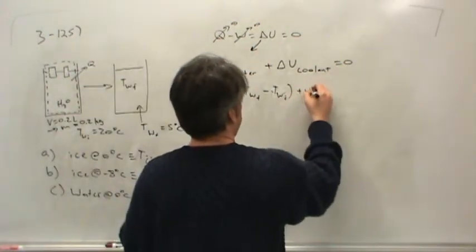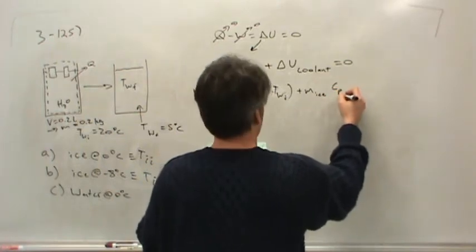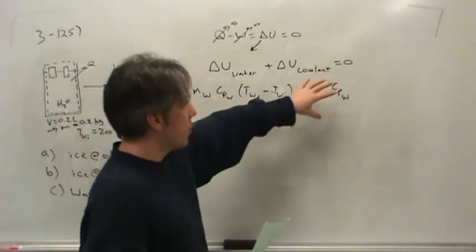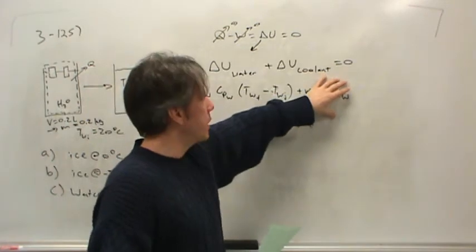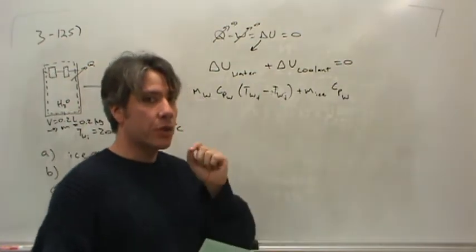So plus the mass of the ice times the heat capacity of water. Now why am I doing this? Well, with this part that I'm about to write, I'm accounting for the change in the internal energy of the ice as the ice changes temperature.